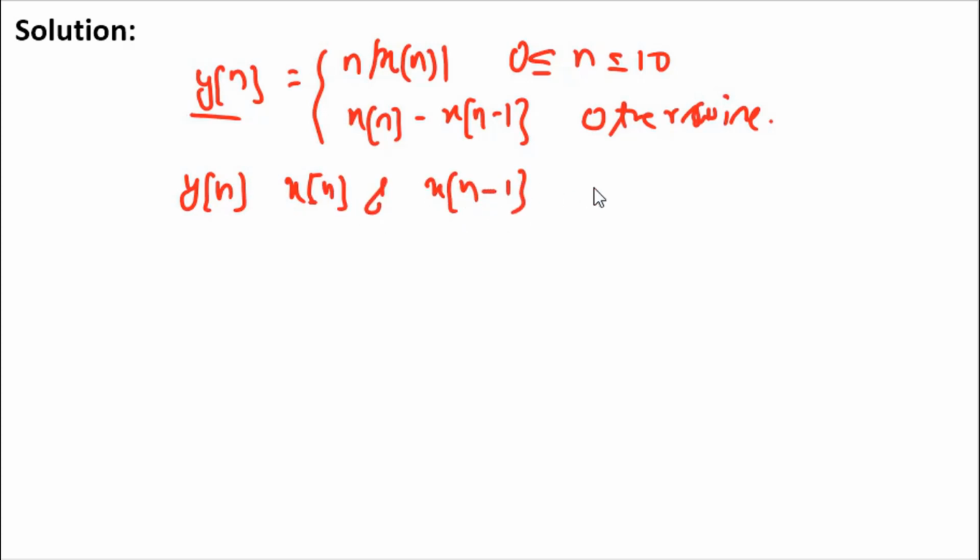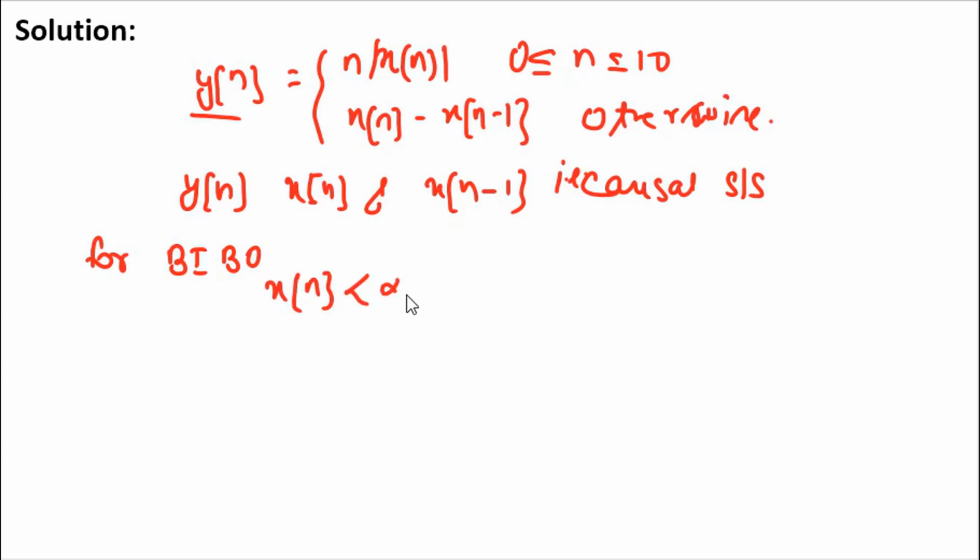So it is an example of a causal system, because the output depends only on present and past input. Now for stability, that is BIBO stability, when you put x of n as bounded, that is less than infinity, then you can see that this n times mod of x of n, with n clearly from 0 to 10, is bounded.